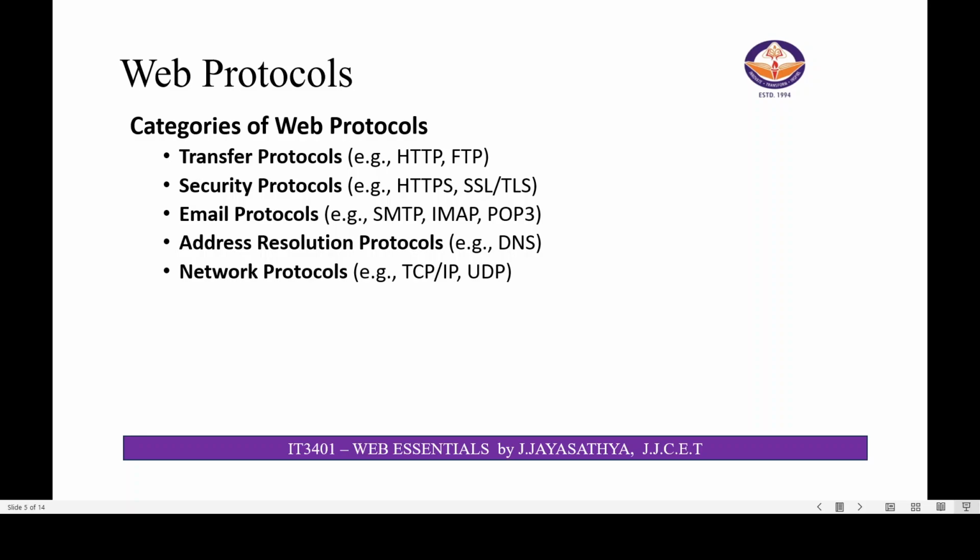The domain name system is used to convert your website address into IP address. So this is address resolution protocol. And the last one is network protocol, TCP, IP and UDP. It enables the devices to communicate over the internet by handling the data delivery.